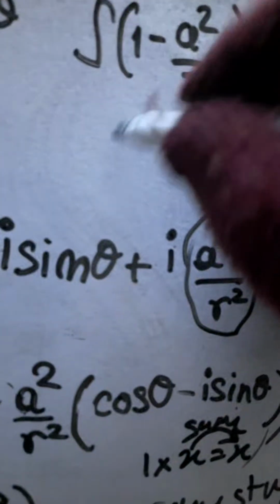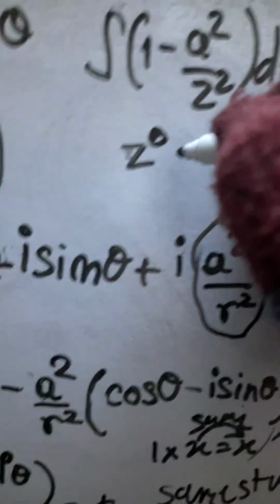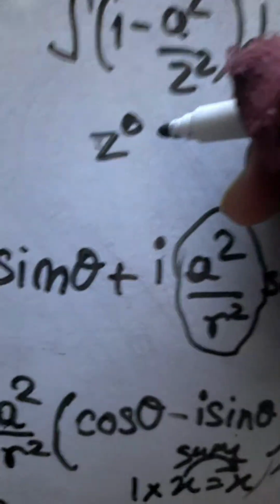So this is 1, and what is 1? z raised to 0. Anything raised to 0 is 1, right? So let's put 1 as z raised to 0. Here the raised-to thing is n, and here it is 0, so 0 is the n.